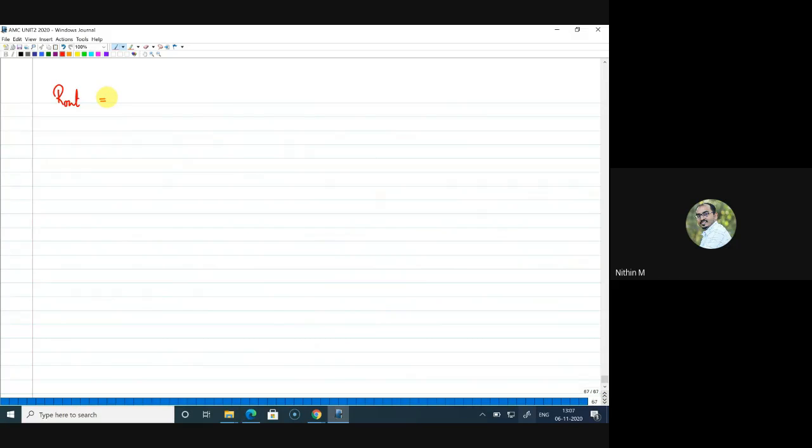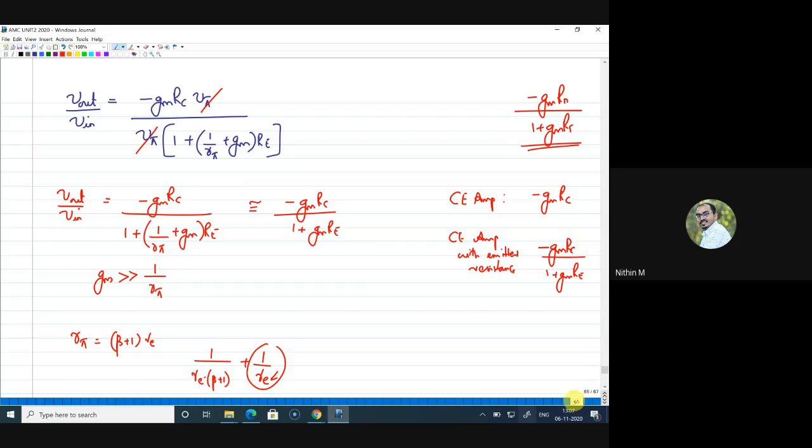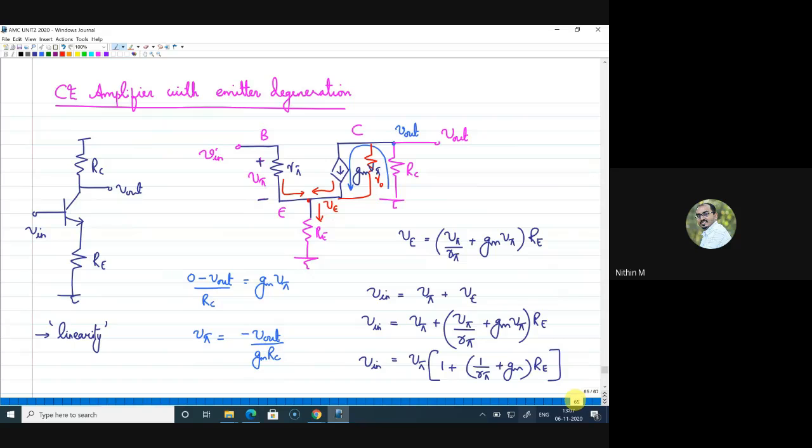Now what about R in? How will be the R in value? Looking at the circuit, what will be R in? R in is the resistance seen from here, right? Any idea?